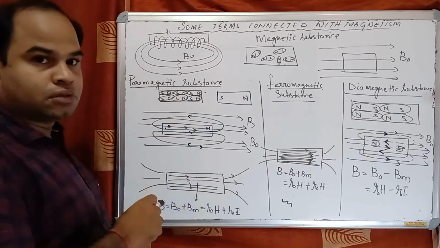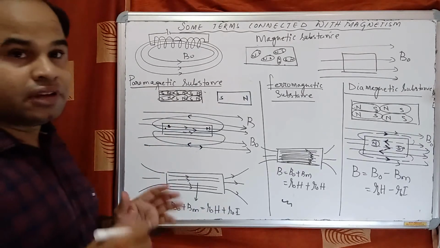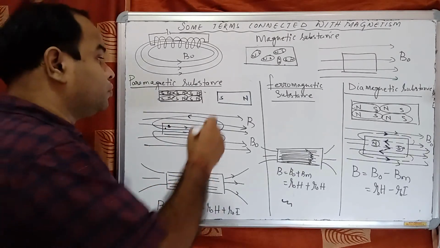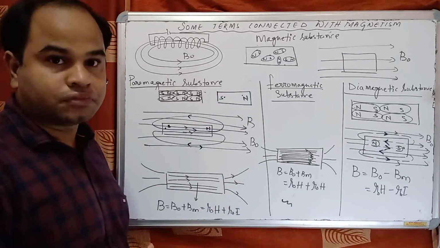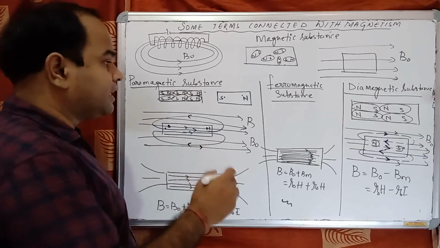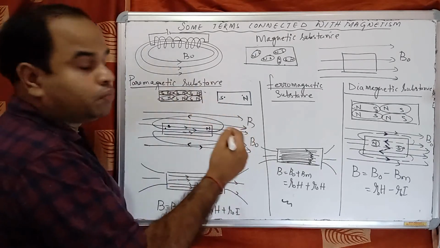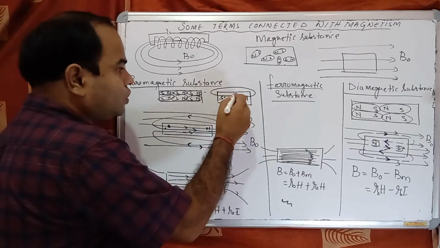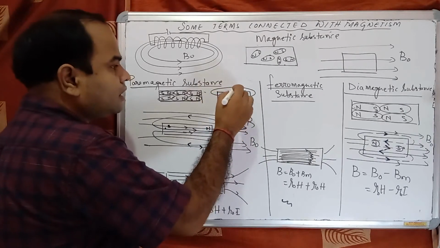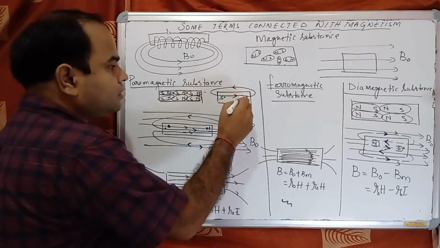That means it will have its poles after it is magnetized. So if it is magnetized, it will have its own poles and own magnetic field, from north to south outside and south to north inside.